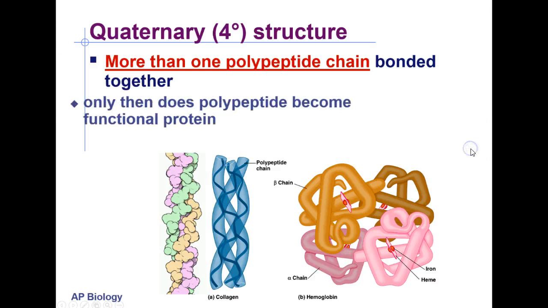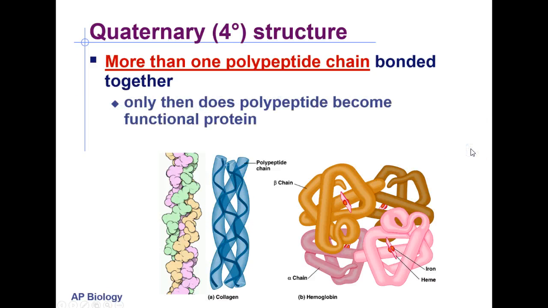And quaternary structure, sometimes it takes more than one amino acid chain to make these things. They're so complex. Like hemoglobin here has 4 different chains to it. Collagen here has 3. So we put together these unfinished chains called polypeptide chains.